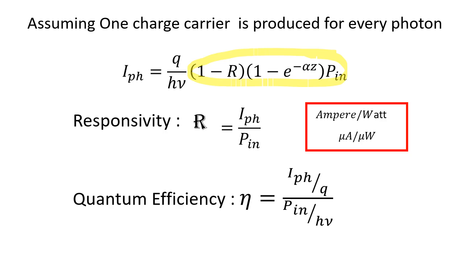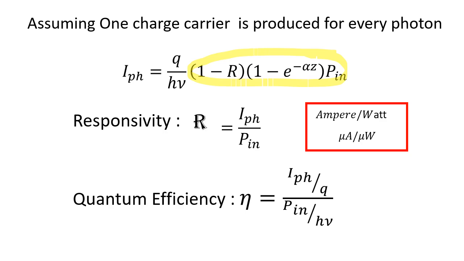What it tells me is the amount of current being generated, photocurrent, because of a certain amount of input power measured in watts. Now this has clearly got to do with the notions of the input photon and its energy, the generated current and the charge and so on.